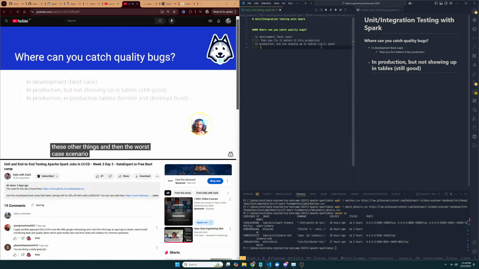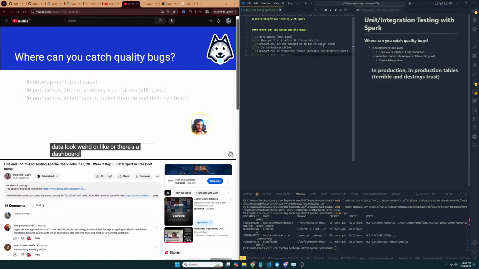And then the worst case scenario is that you have a quality error that bypasses your quality checks and ends up showing up in production. Usually how you learn about this is a data analyst hits you up and is like, yo, why does this data look weird?